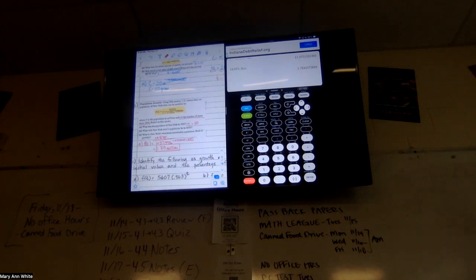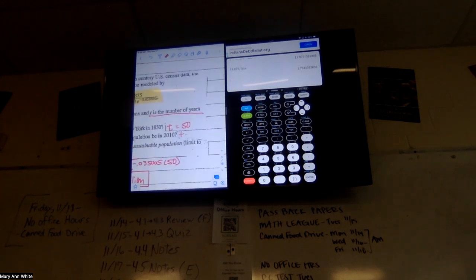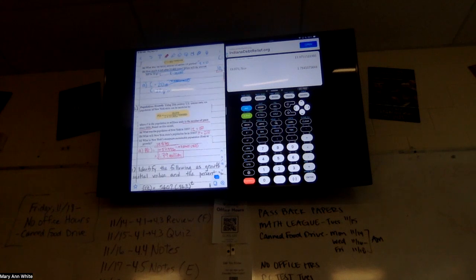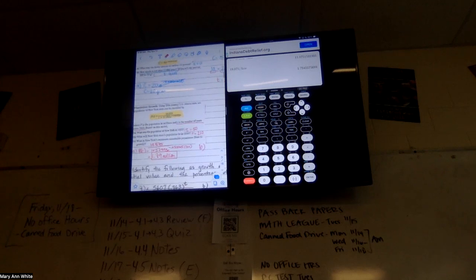Letter B says, what will New York State's population be in 2010? What should I plug in to figure out what the population should be in 2010? 210. Cool. Plug the same thing in for 210. So I'm essentially doing A, but I'm going to plug in 210 for 50. So go ahead and do that for letter B. Okay, do the same thing. I'll do it a little bit.